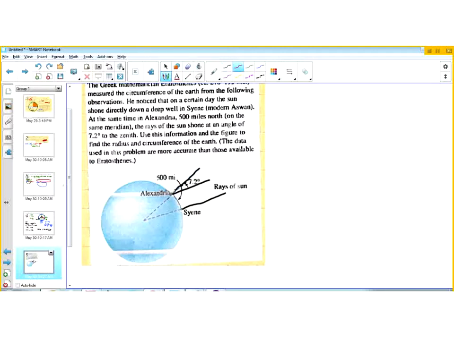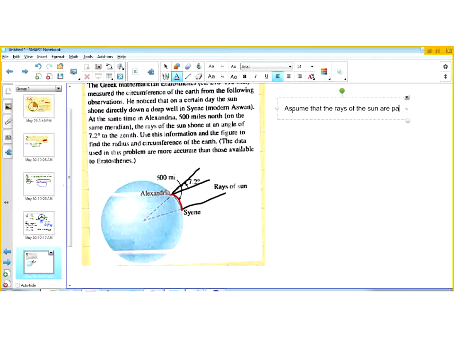And then we have this arc length, which is 500 miles. Okay, so we assume that the rays of the sun are parallel to the Earth.